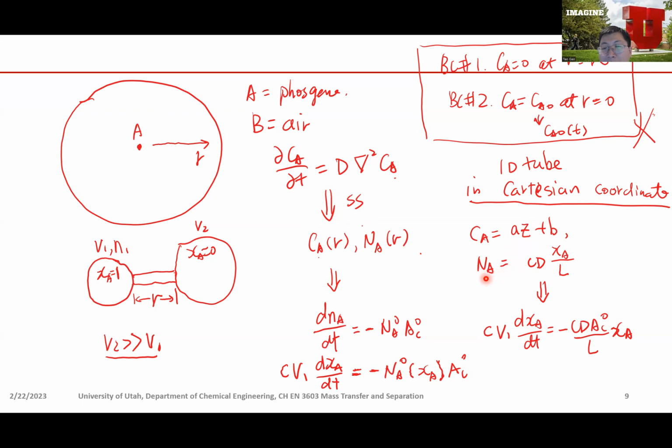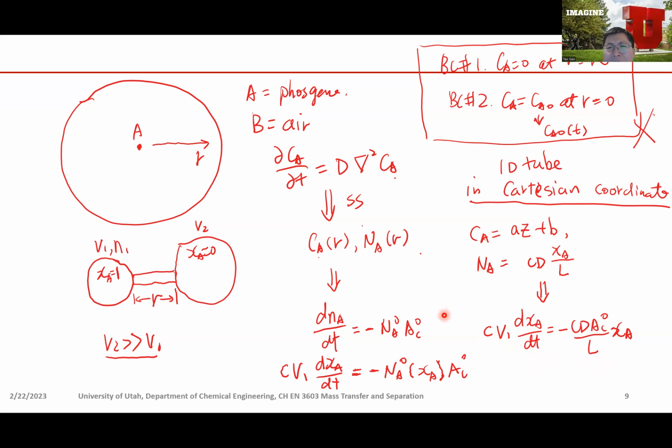Similarly, once we know CA, we can use Fick's first law to solve NA. It's a constant proportional to XA over L, because XA in V2 is 0, so this is XA in V1. Then you plug NA into the mole balance equation, which gives you this ordinary differential equation, and we've solved it in our homework problem.